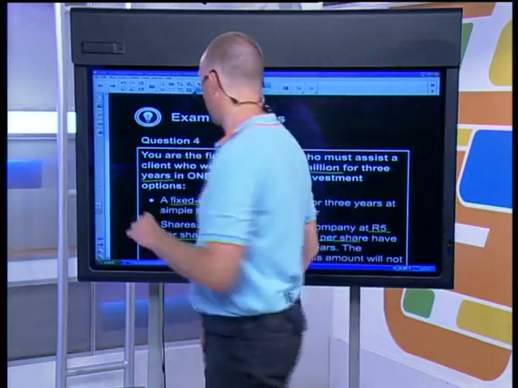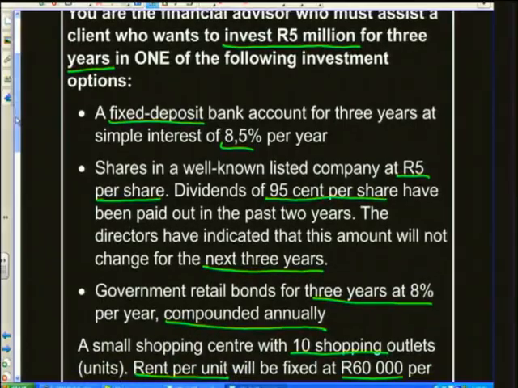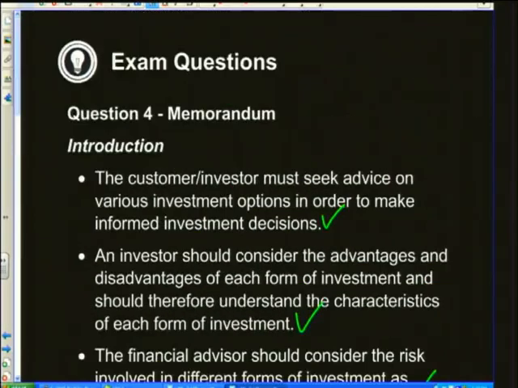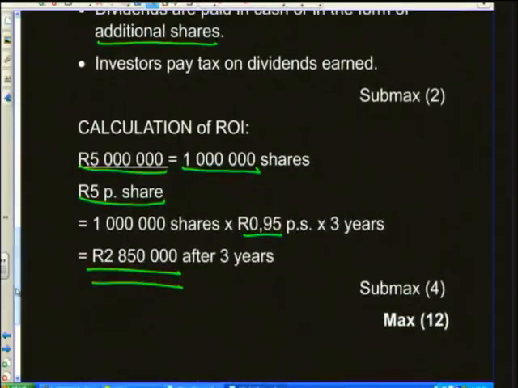Right, we're going to carry on with our essay question. If you recall, before the break it was all about investing our 5 million rand. What we've done is our fixed deposit, right? And we've just finished our shares, and we're discussing how the risk between the fixed deposit and the shares was a lot different, right?